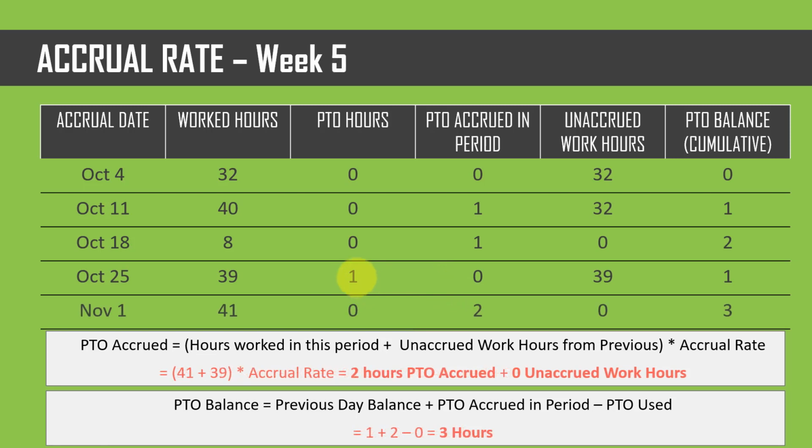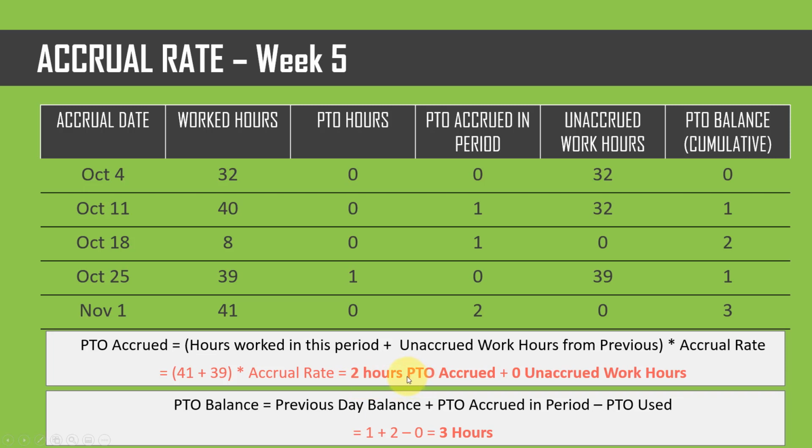Now let's go to the last week for this illustration here. Next week, the employee worked a little bit more and worked for 41 hours, did not take any PTO. So now what happens is the 41 hours plus the 39 unaccrued from the previous period gets added. Now the employee has 80 hours of work, and that means the employee will earn 2 hours of PTO.